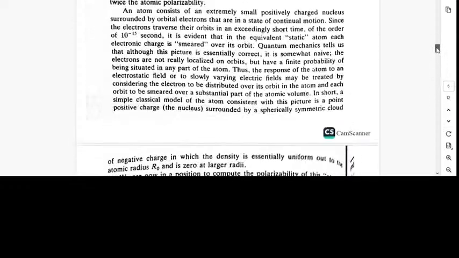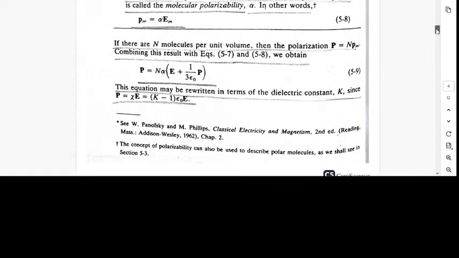It is evident that the polarizability alpha, that is molecular dipole moment per unit field, from equation 5.8, Pm is equal to alpha Em, alpha will be equal to P over Em, and we will put the value of P in this equation 5.8.